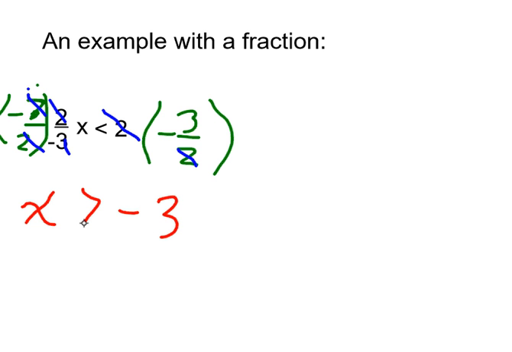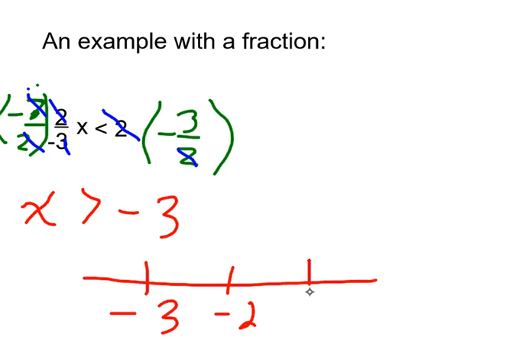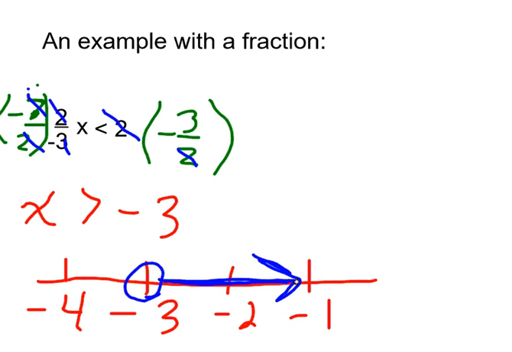So that will become my answer. Then the final step that I have to do is I have to graph my solution. Because this has a greater than and not a greater than or equal to, I'm going to use an open circle, and greater than means that I'm moving to the right. So that is how I solve inequalities with multiplying and dividing.